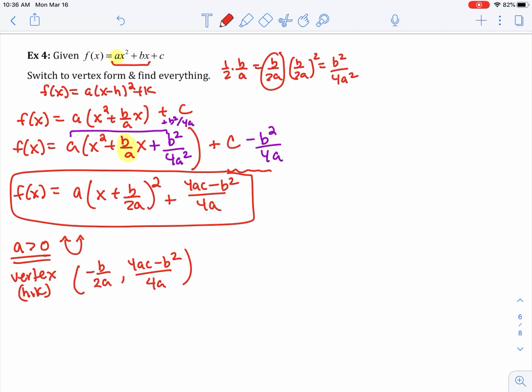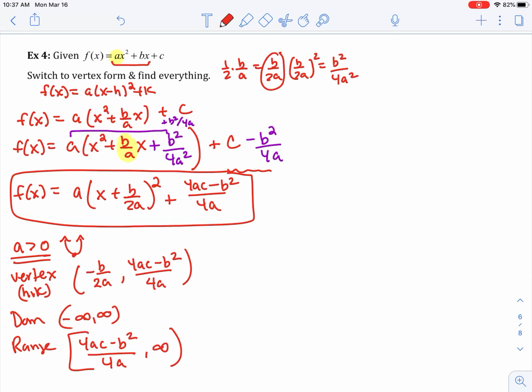We know that our domain would be negative infinity to infinity. There's no restrictions. Our range, since our graph is opening upwards, our lowest y value is the 4ac minus b squared over 4a, the y of the vertex. And then we're going up to infinity from there.